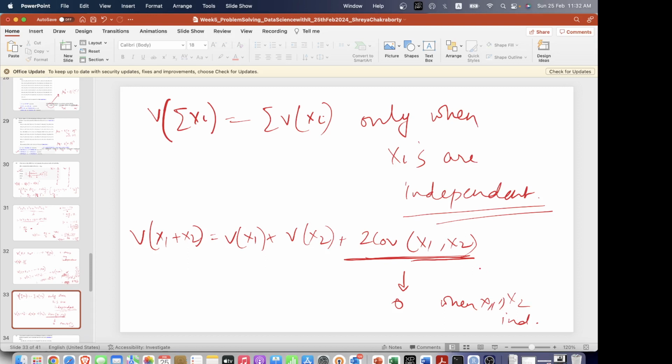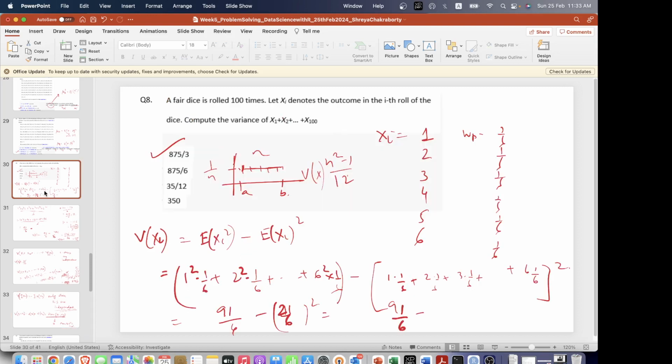What do I mean by independent? It means that whatever value x1 is going to take will not depend on what the value of x2 was. Here, since a fair die is rolled 100 times, any number between 1 to 6 can come every time, and whatever comes in the first roll can also happen in the second roll, and whatever happens in one trial will not depend on what happens in the other trials.